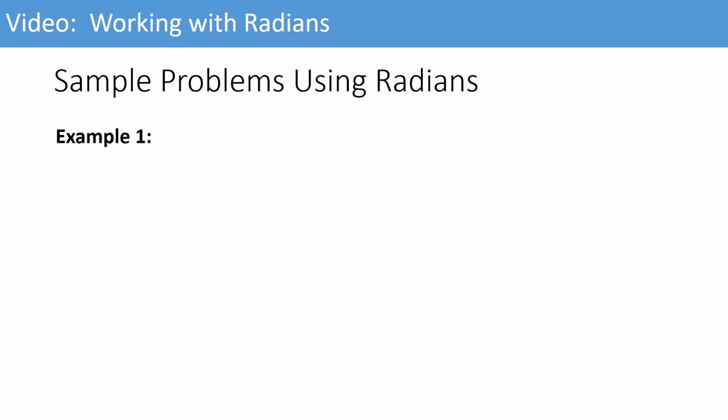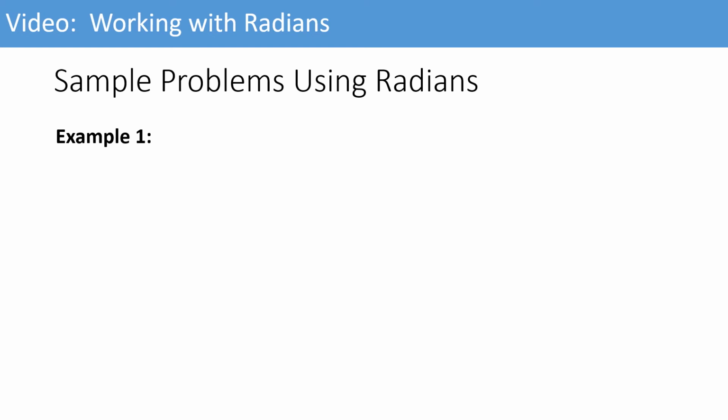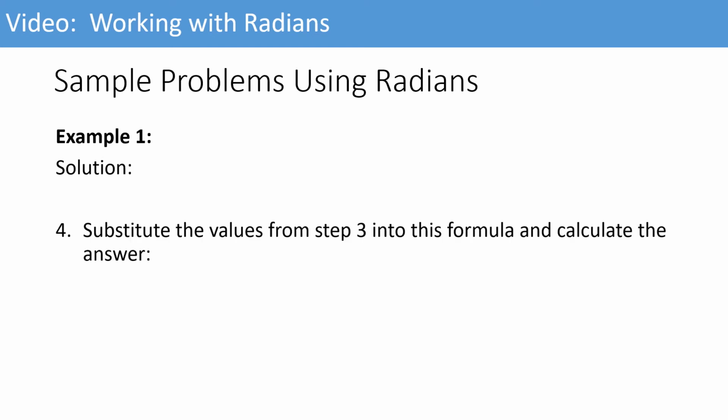Now that we've read the question and analyzed it, we can select the correct relationship to use. We know we're trying to find arc length, which is equal to the radius times the number of radians. Example 1 continued. Substitute the values from step 3 into the formula from steps 1 and 2 and calculate the answer.